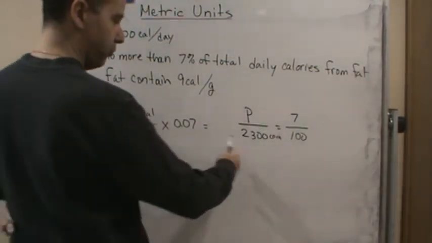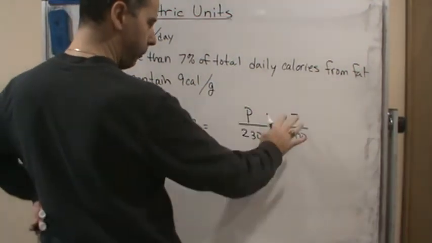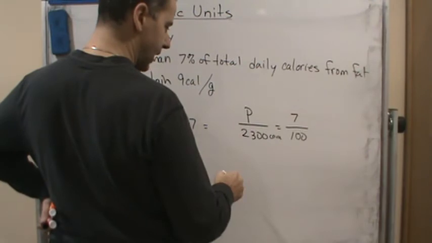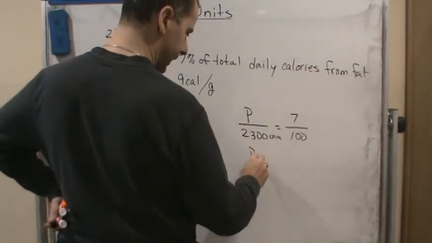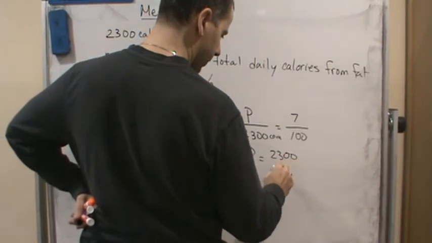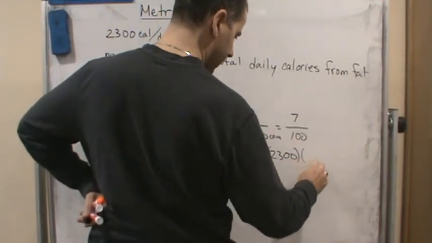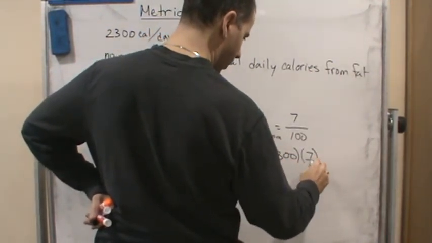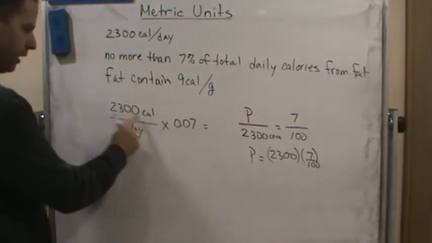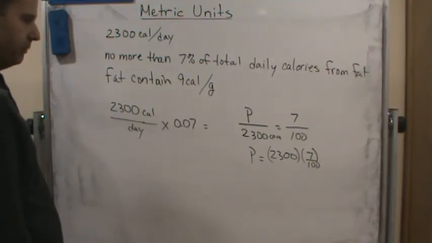So again, we've done this before. We set up our proportion and we're looking for a percentage. We multiply both sides by this and we get P equals 2,300 times 7 over 100, which is the same thing as 2,300 times 0.07.